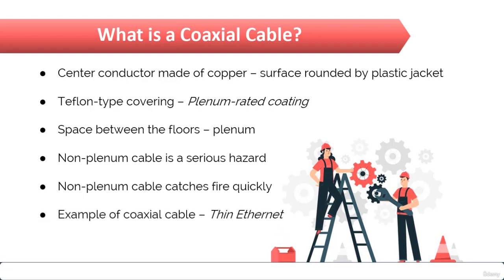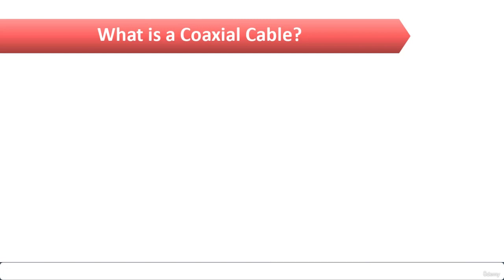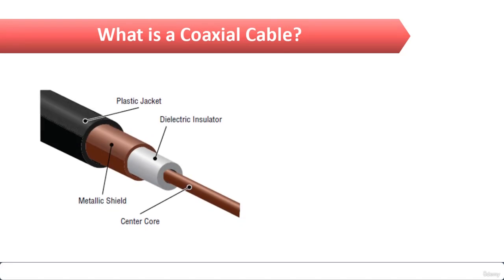The greatest and the best example of the coaxial cable is the Ethernet cable, that is the radio grade 58 or just RG58. You don't need to remember these codes, I'm just telling you for the purpose of information. Have a look at this picture.